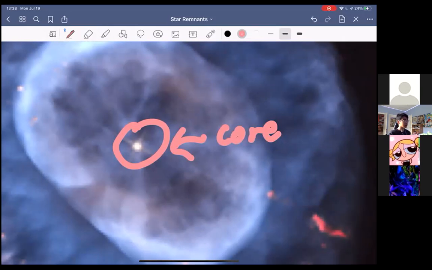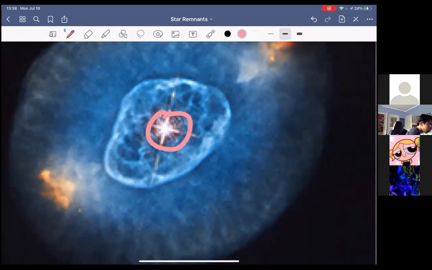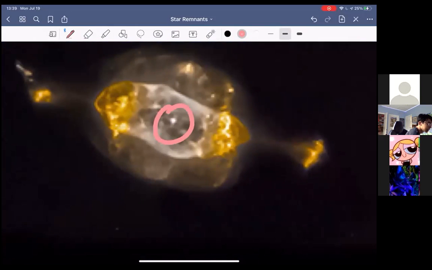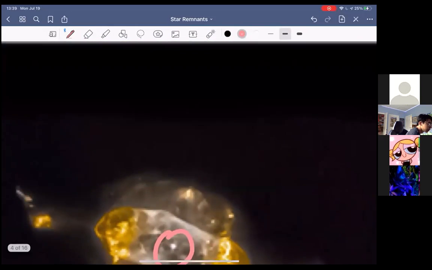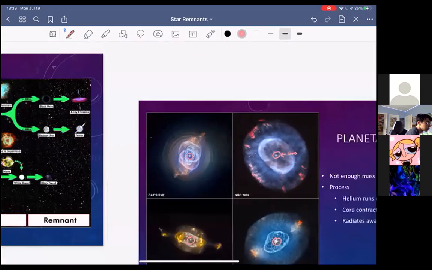These are things that it's not big enough to burn anymore. So therefore, it all just sits in the very center of the star. That's what the core is. Here again, another core of that stuff that it can't burn. And it's the same in every single one of these nebulas, a really bright core in the center of stuff that the star can no longer burn.